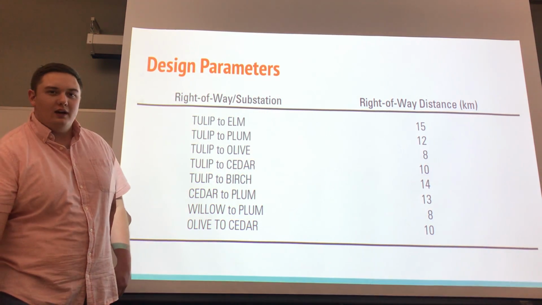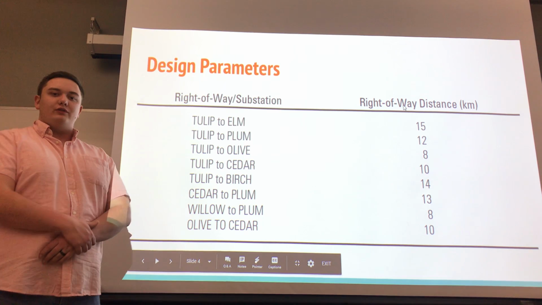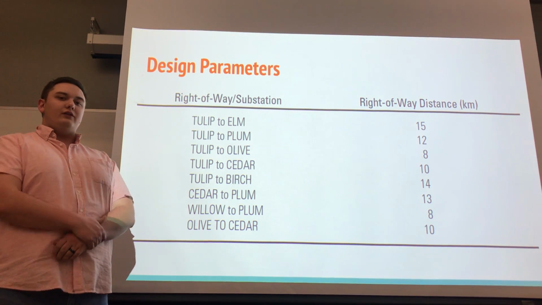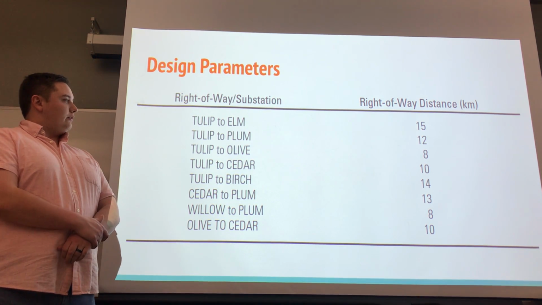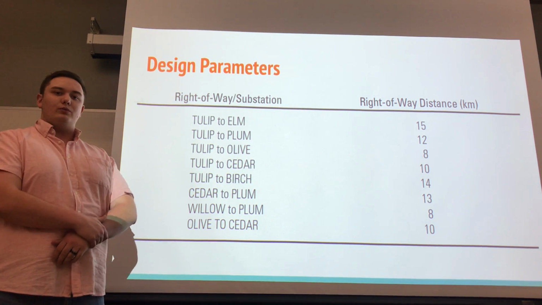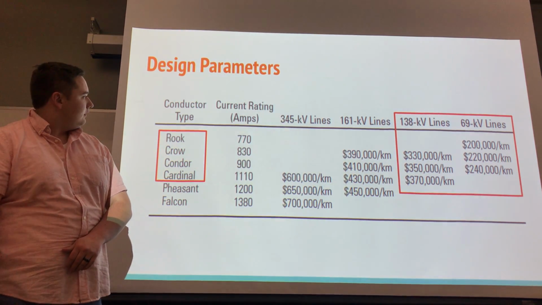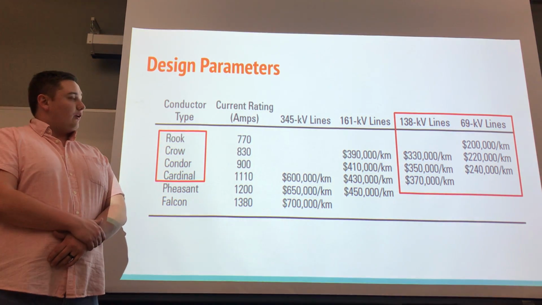So for our design, we initially had to come up with various parameters, to even get started. So right here you can see the different line lengths that were used, and various numbers of those were used for our design durations. And here is the actual line parameters and the line costs.